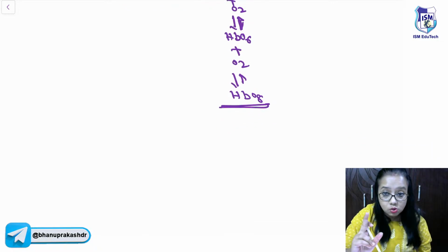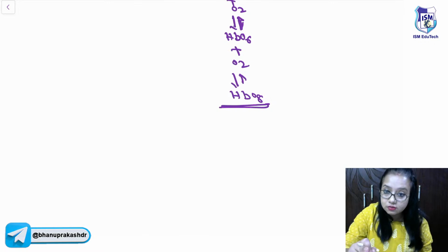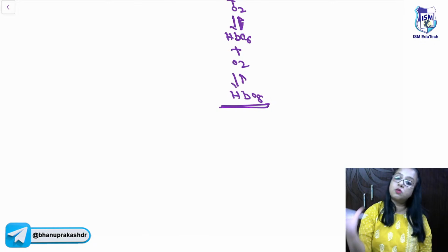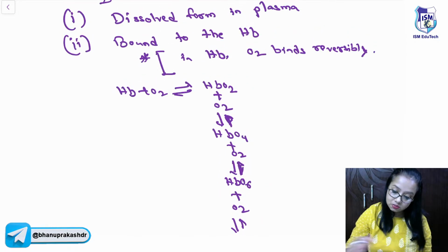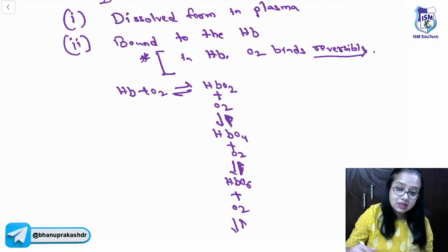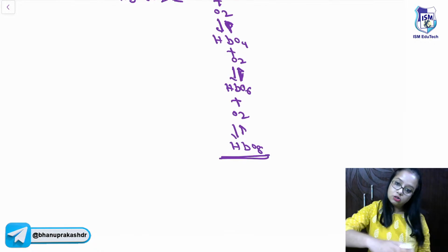So with each molecule of hemoglobin, totally 4 molecules of oxygen, or 8 atoms of oxygen, can bind. And this binding is reversible, not irreversible, meaning it can bind and also come out.